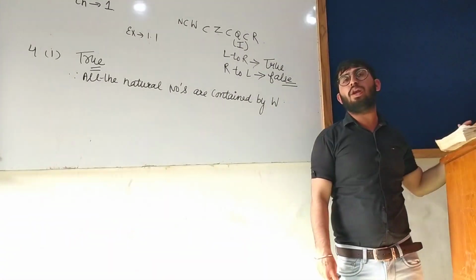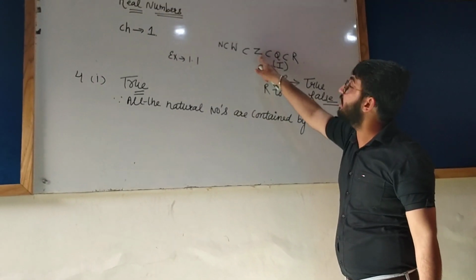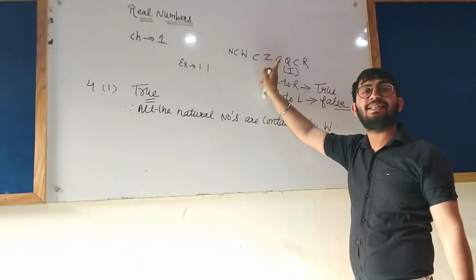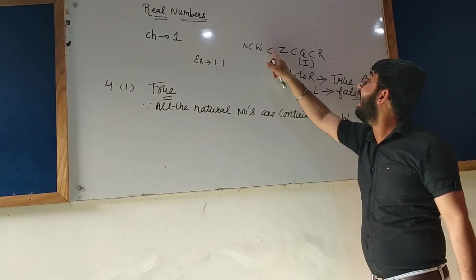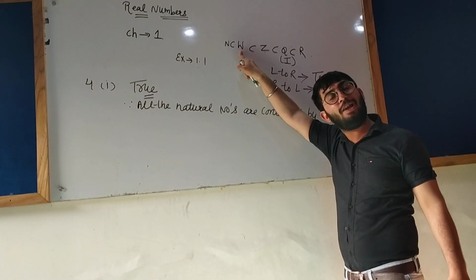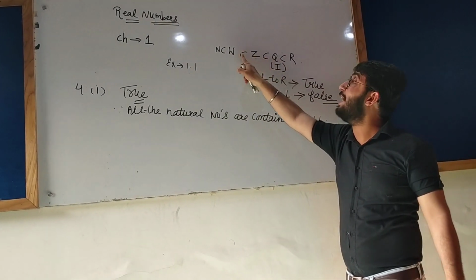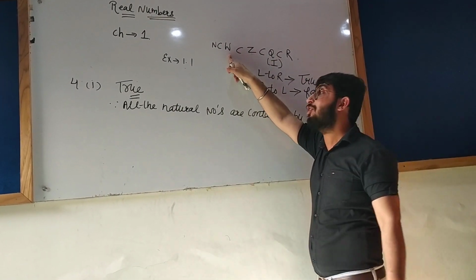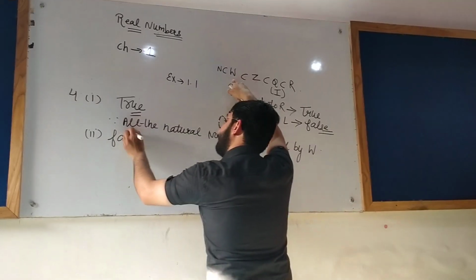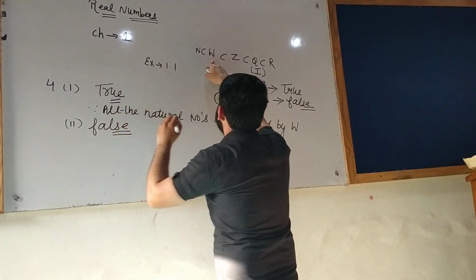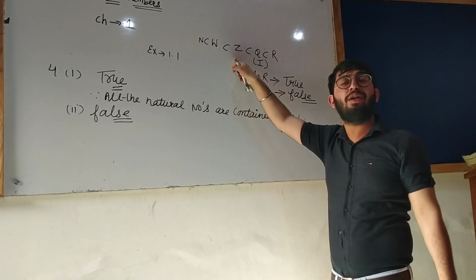Let us understand the second one. Every integer is a whole number. Integers are represented by Z. As we are going from right to left, the answer is false. It is saying that all the integers are whole numbers.